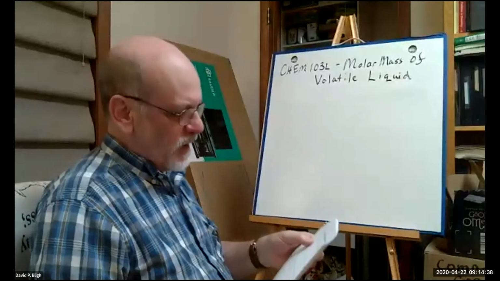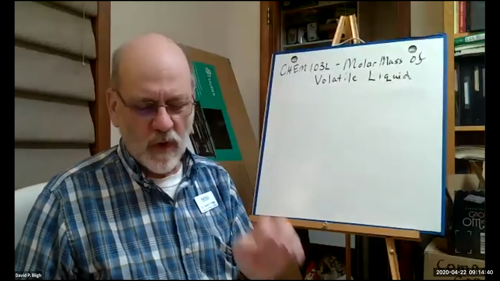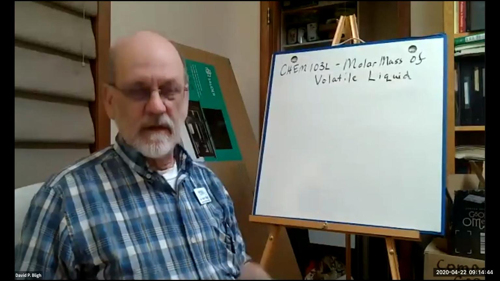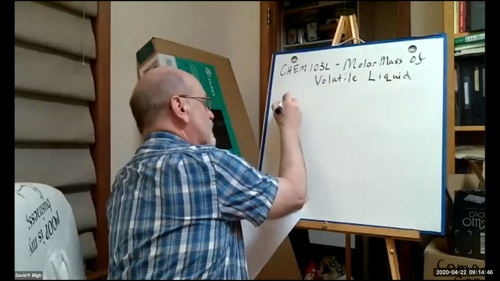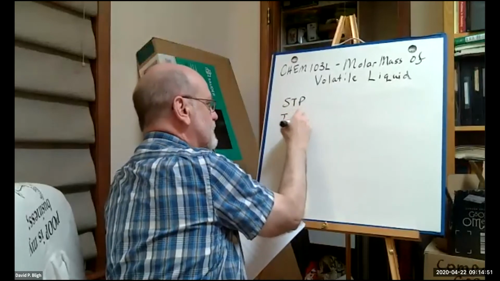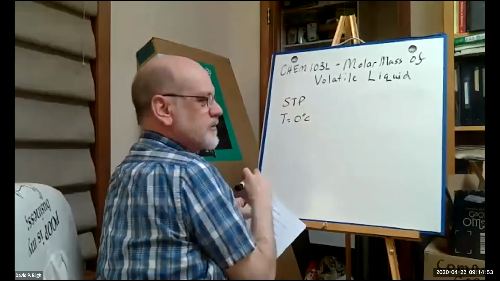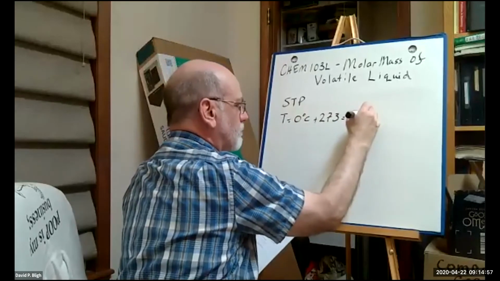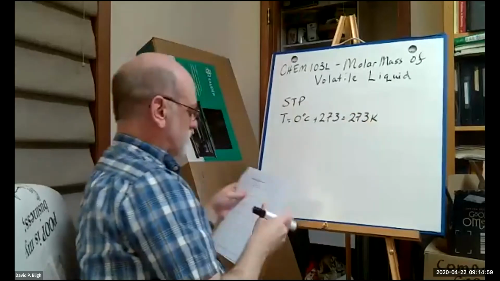Post-lab question number 1. Calculate the volume occupied by 1 mole of gas at 1 atmosphere at 0 degrees C. This is known as standard temperature and pressure for gases. Temperature is 0 degrees C, which is what? Okay.